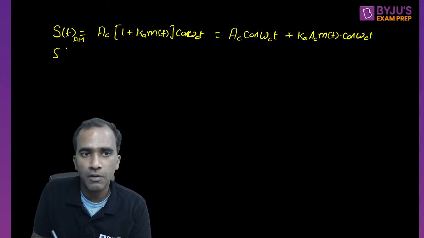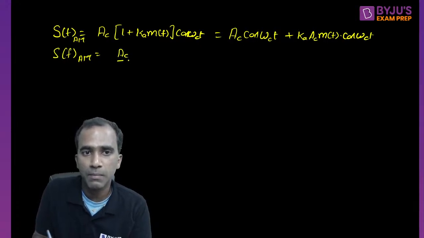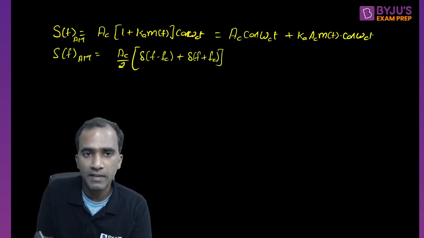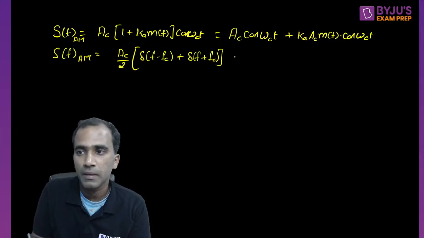Now, if you plot the Fourier transform of it, S of f, the Fourier transform of the AM signal, is the Fourier transform of Ac cos omega ct, which is Ac by 2 into delta of f minus fc plus delta of f plus fc divided by 2, plus Ka Ac times the Fourier transform of m of t, which is m of f.